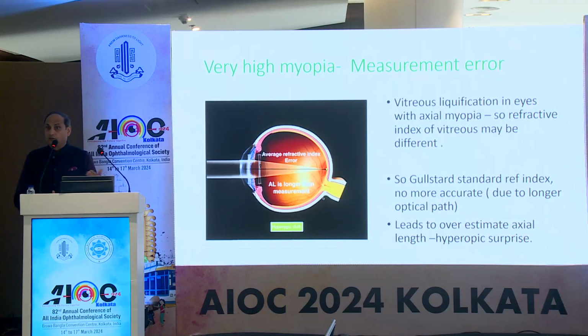We are understanding more and more about this vitreous also. It leads to overestimation of the axial length, and you can understand that overestimation of axial length leads to a lower power, and because of that we will have a hyperopic surprise, which is the first thing we should never have. None of the cataract surgeries should end up with a hyperopia. I believe everybody agrees to that.